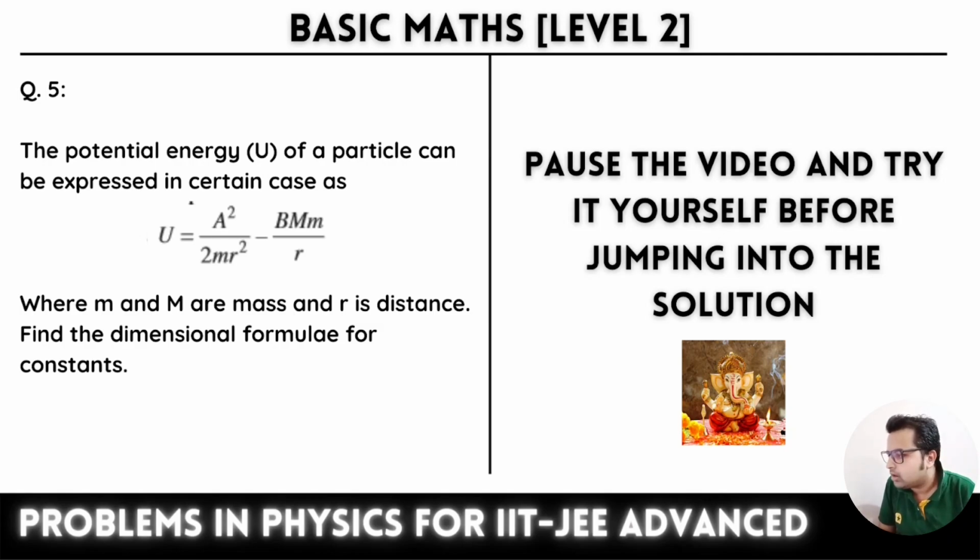Find the dimensional formula for the constants. So in this equation, capital A and capital B are constants, capital M and small m are masses, and small r is the distance. It is a very easy question, so just pause the video and try it yourself before jumping into the solution.